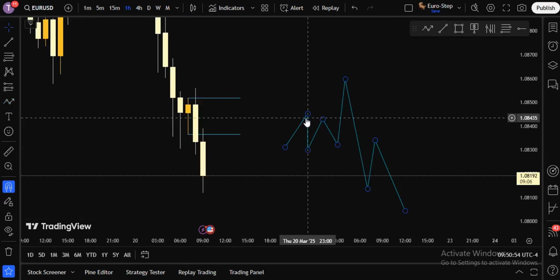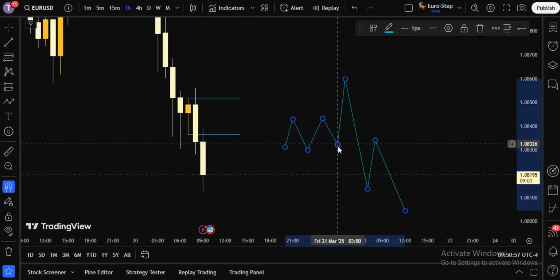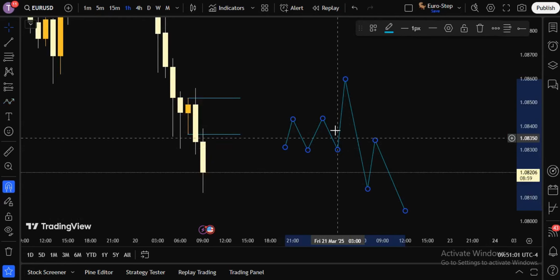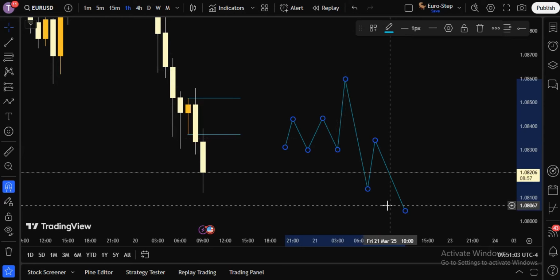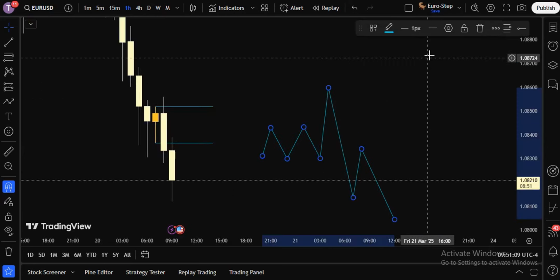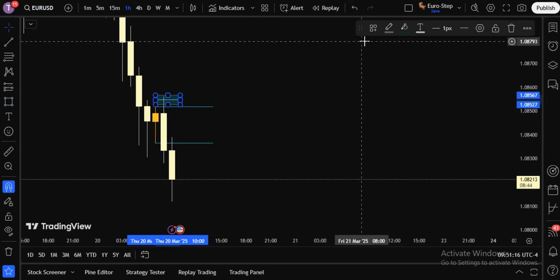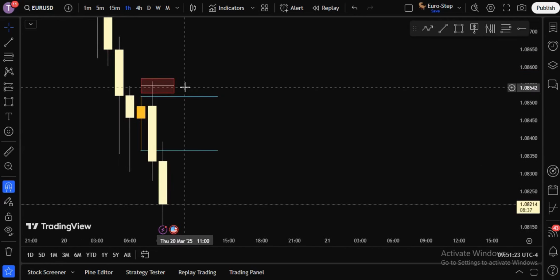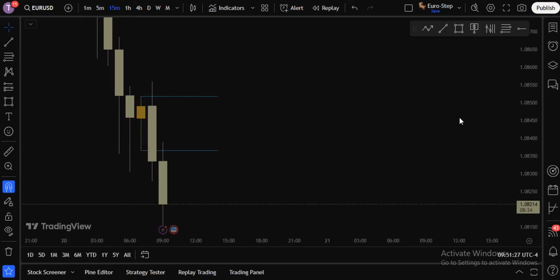So what the CRT strategy outlines is the accumulation phase, manipulation phase, and also the distribution phase. From what I can see here already, I would have identified that top part as manipulation. Let's hop into a lower time frame so that people see what I'm talking about.